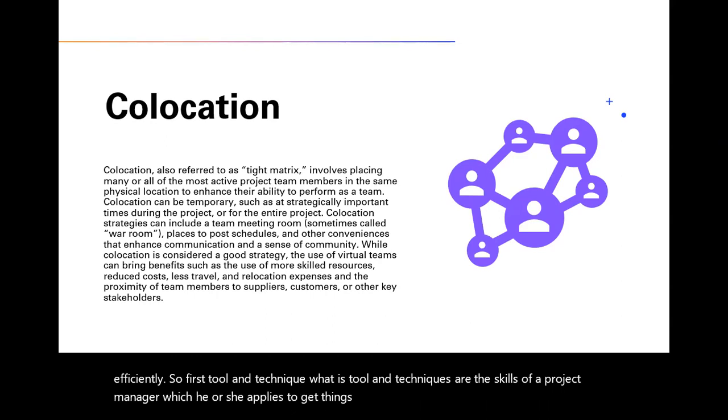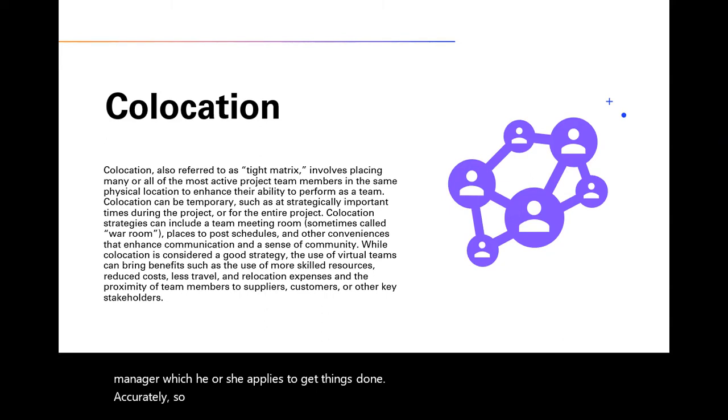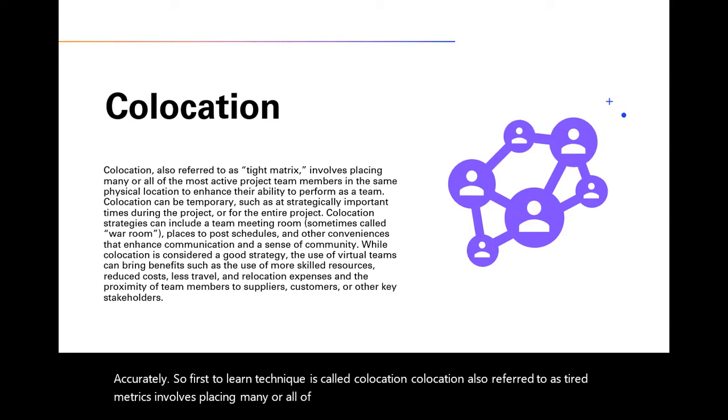So first tool and technique is called co-location. Co-location, also referred to as tight matrix, involves placing many or all of the most active project team members in the same physical location to enhance their ability to perform as a team.